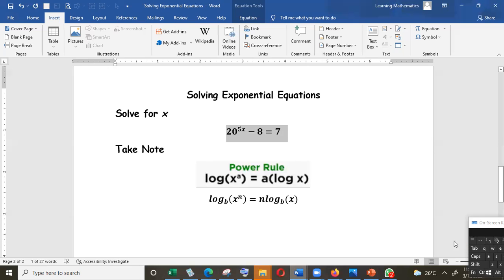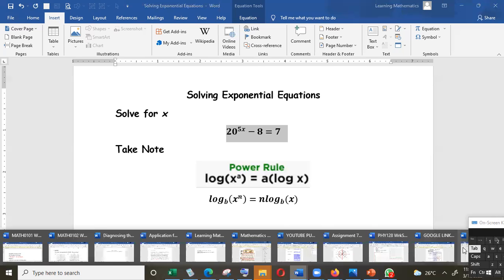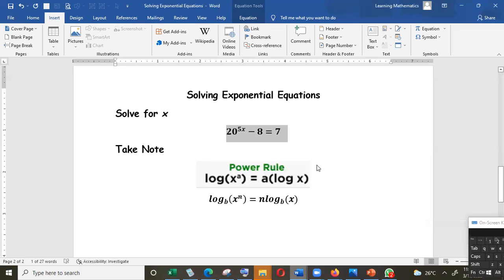As we can see, there's a negative 8, so we have to cancel out the negative 8 in order to proceed. To cancel out the negative 8, we'll add 8 on both sides. So that's what we're going to do now.